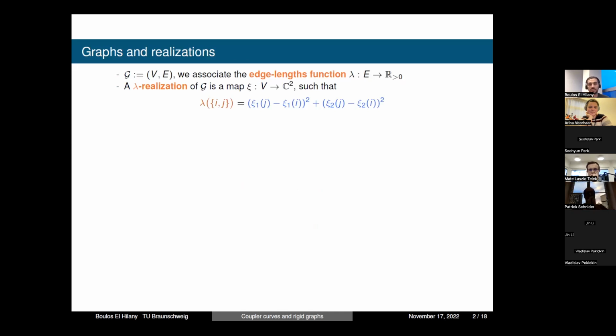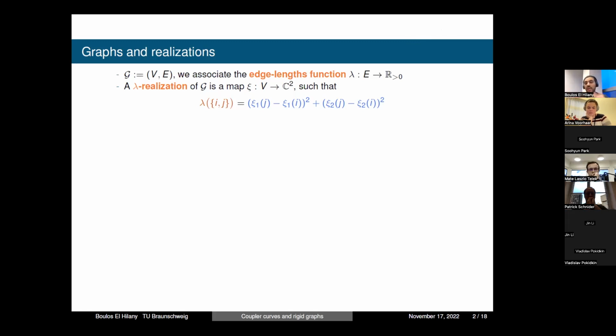The lambda is the name of this function, so it's a map from the set of vertices to C2, such that if I take two vertices and if those are connected, then they have corresponding coordinates in C2 such that the distance is actually the Euclidean length between those two points.